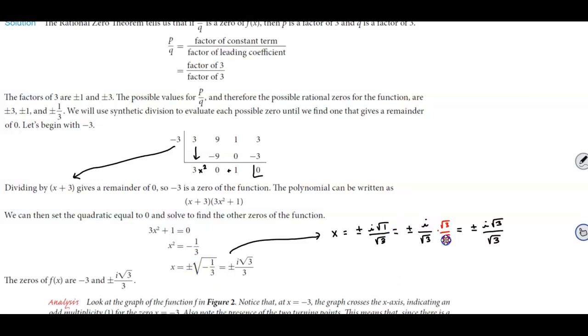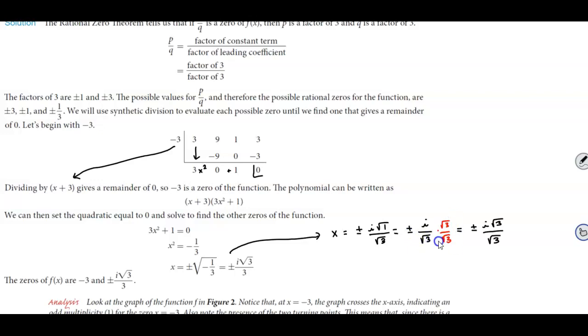And so we would have to rationalize the denominator. We take out the negative to be i, the square root of 1 in the numerator, divided by the square root of 3. Now the square root of 1 is just 1, so 1 times i is i, divided by the square root of 3, so that's plus or minus i over the square root of 3.